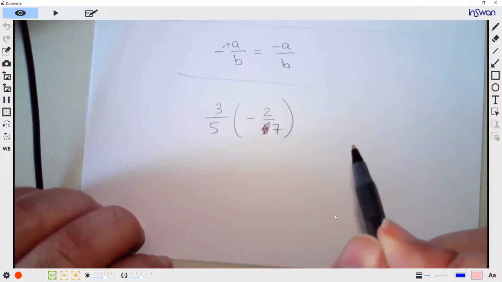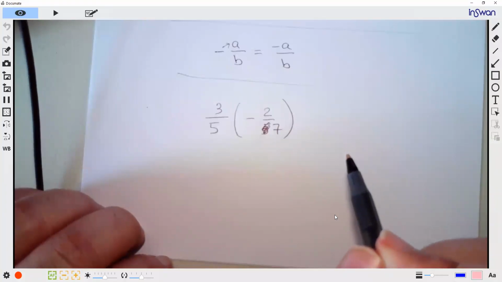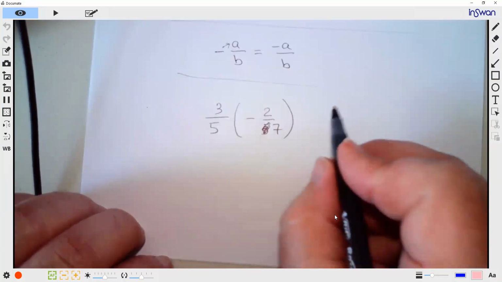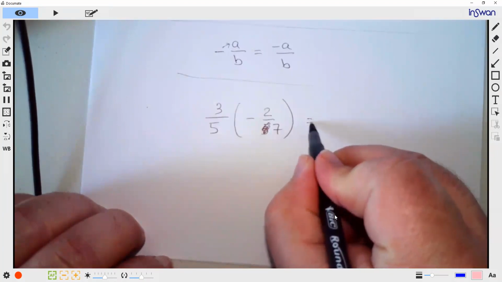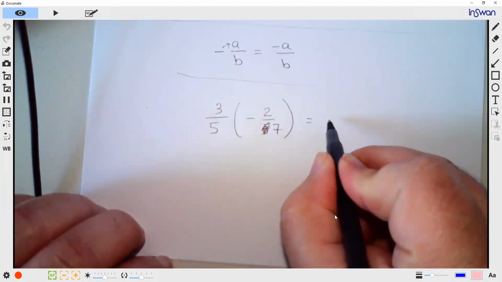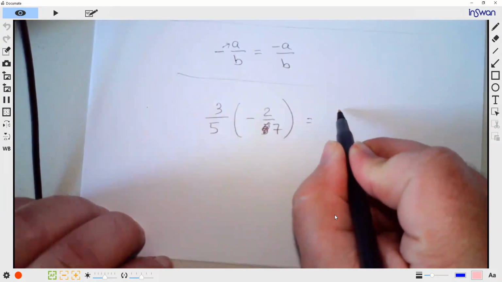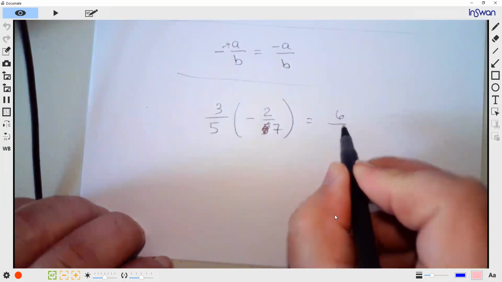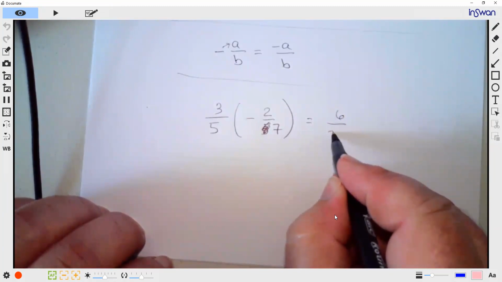Oh, so it would be multiplication. So 3 times 2, and then 5 times 7. What's your answer? 6 over 35.